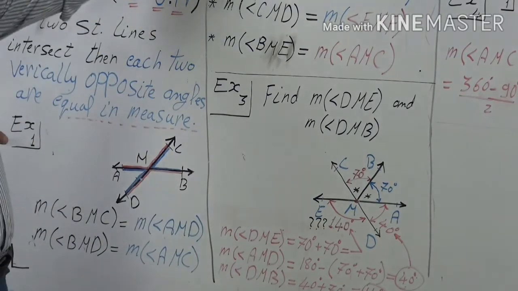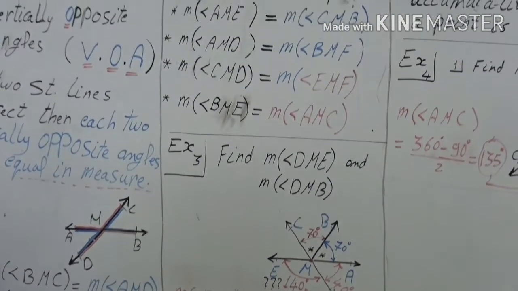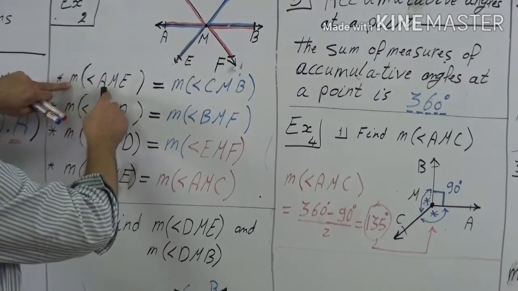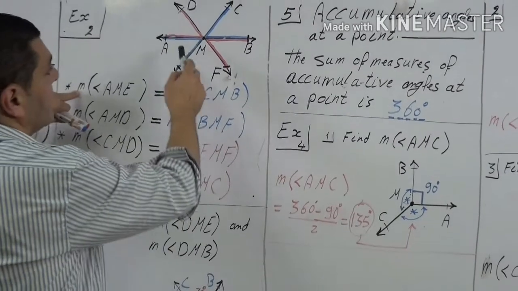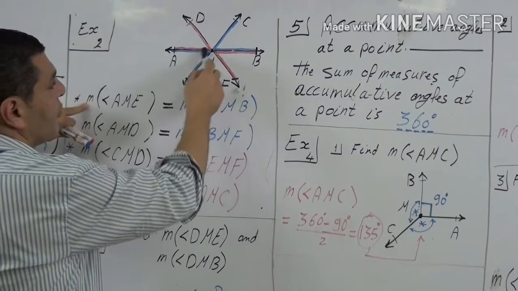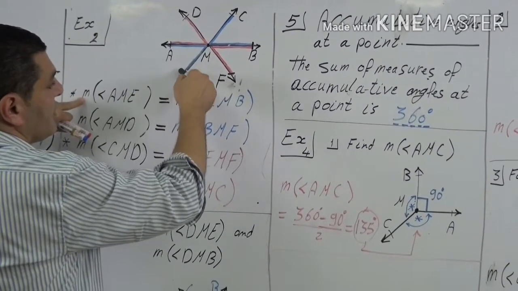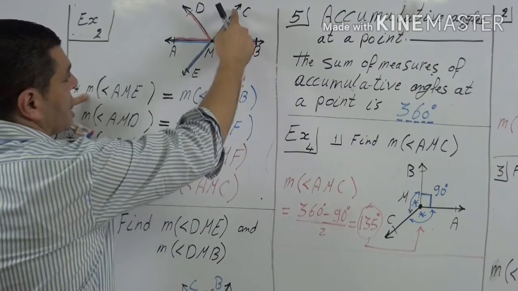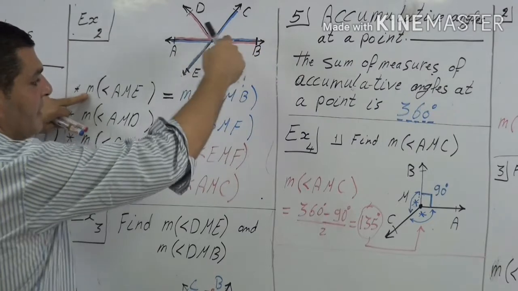Let's see example number 2. Measure of angle AME, the blue one, equal measure of angle CMB.